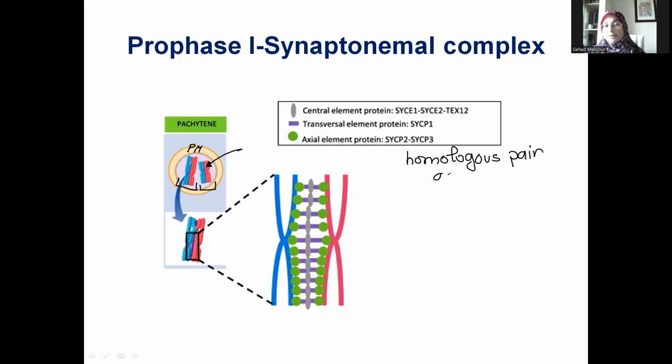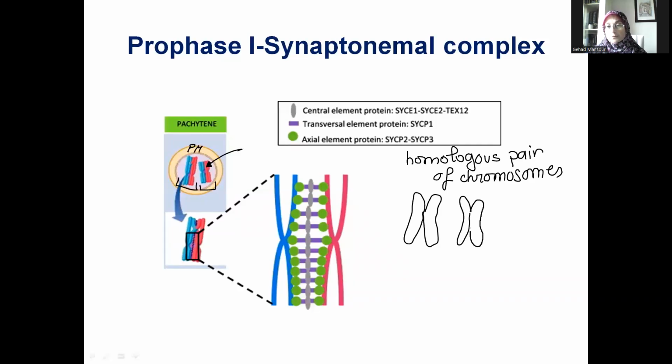A homologous pair is a pair of chromosomes, actually. And that homologous pair, like this one, for example, consists of two chromosomes. Those two chromosomes are duplicated chromosomes, meaning that each of them is made of two sister chromatids. The first duplicated chromosome is a paternal chromosome, like this one, for example, and the second one is a maternal chromosome.